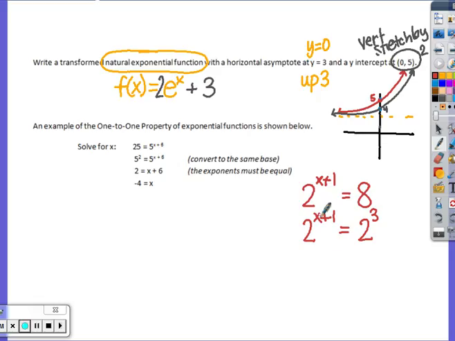And this one-to-one property just says if you have 2 to the something equals 2 to the something, then the somethings must match. So the x plus 1 must equal the 3, which means x equals 2. That's the idea on those problems, so it's not anything earth-shattering. You just want to put it so they both have the same base. You okay with that?